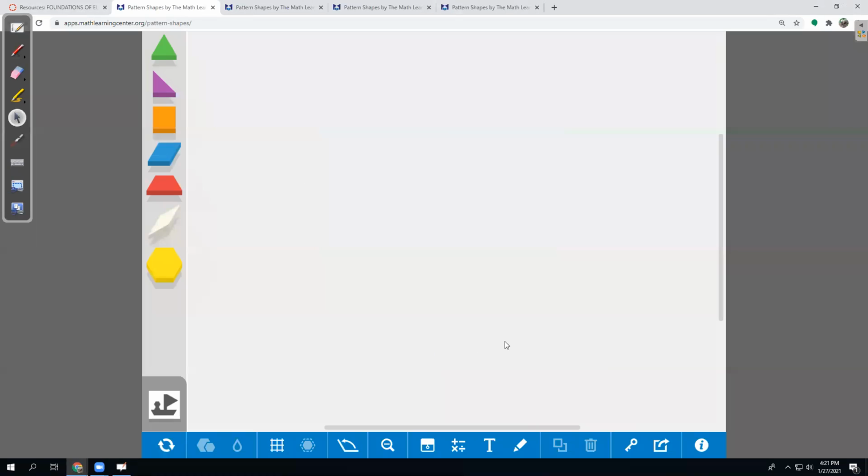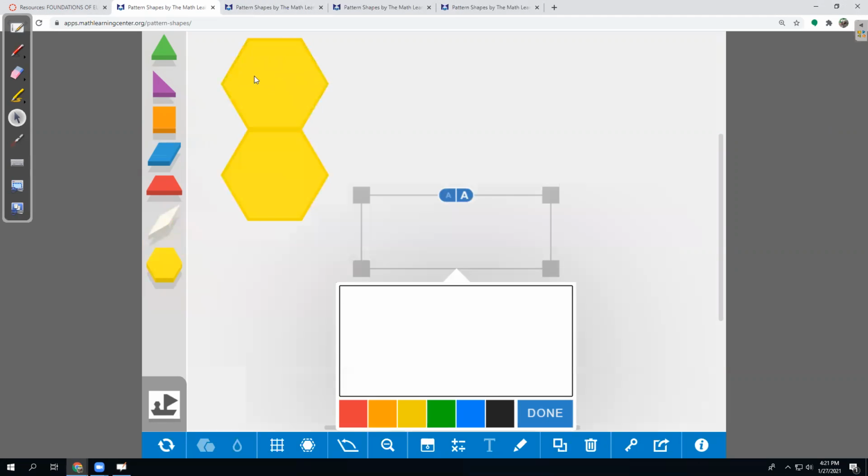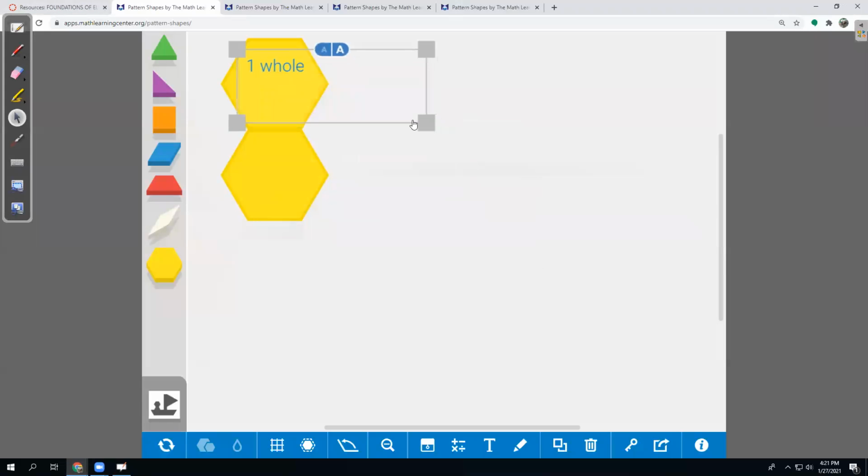Let's get a new pattern block page here. Okay, so I think I'll stick with what I was doing before, that 2 of these is going to be 1 whole. So I'll just label that. There's my 1 whole.